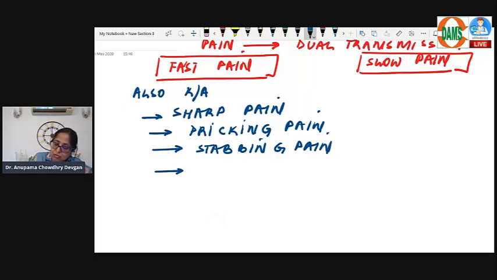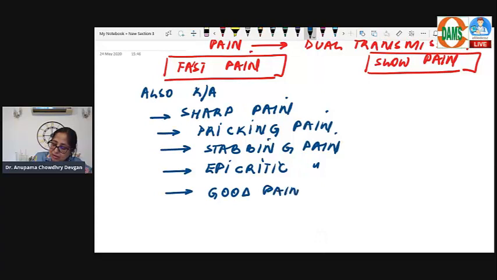This is also known as an epicritic pain. Epicritic pain. This is also known as the good pain. Why is it known as the good pain? How can pain be good?